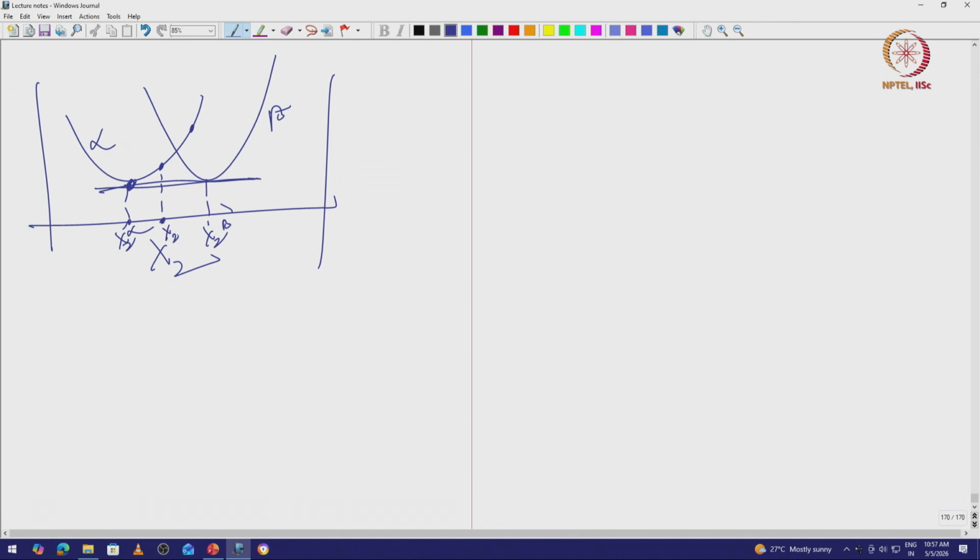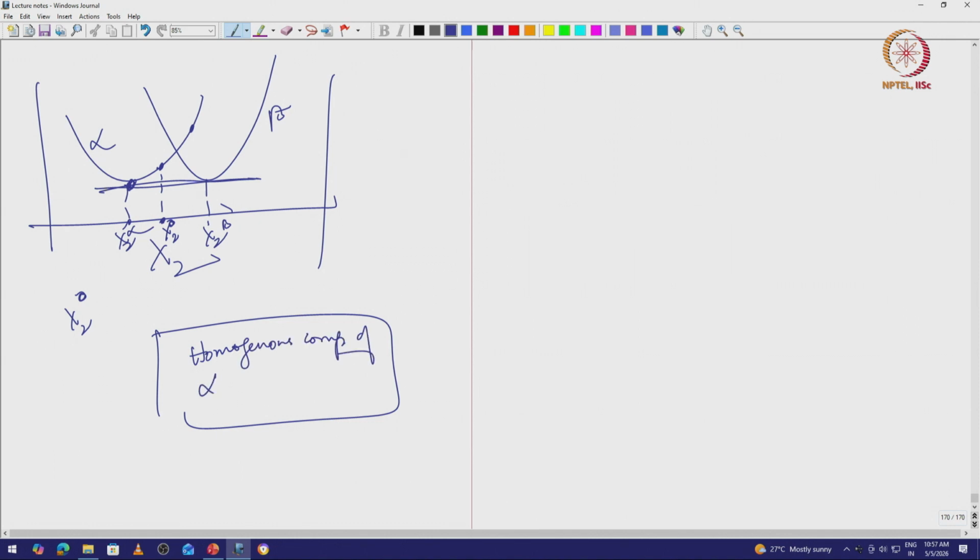That is the starting composition x2 0, that is, x2 at time t equal to 0. Initially I start with a homogeneous composition of alpha phase.